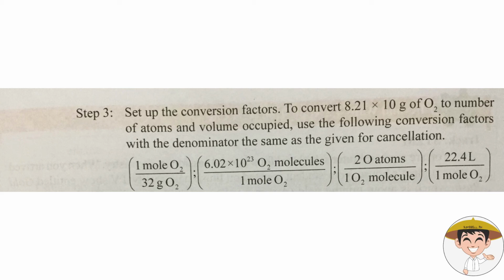We have 2 oxygen atoms over 1 O2 molecule, right? In the molecule O2, we have 2 oxygen atoms, so that is another conversion factor. And for the volume part, we have 22.4 liters in 1 mole of O2.